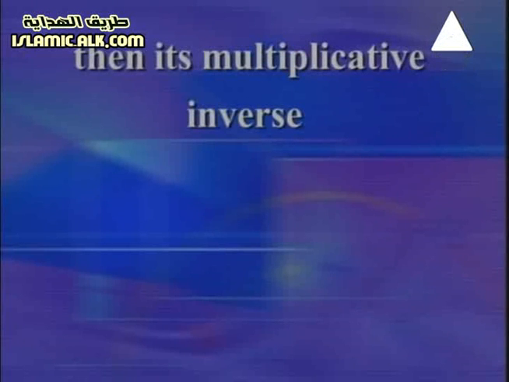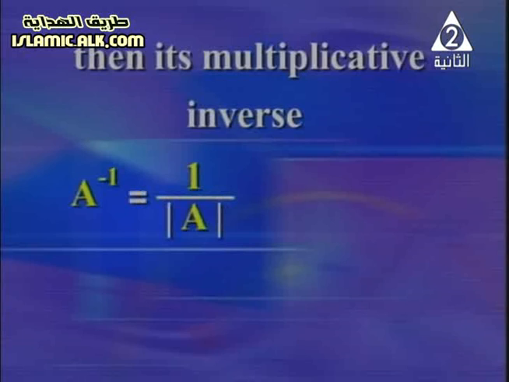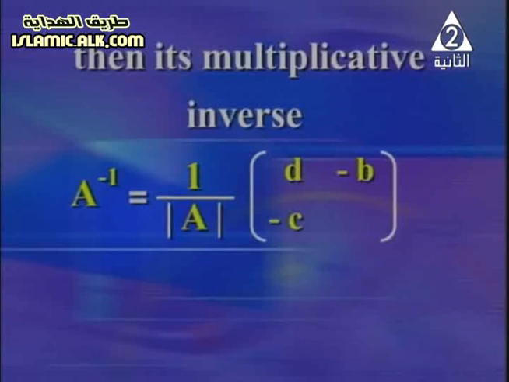Then its multiplicative inverse is the symbol A to the power negative 1, equal to 1 over the determinant of A, multiplied by the matrix where we interchange the elements on the principal diagonal, a and d, and change the sign of the elements of the second diagonal.